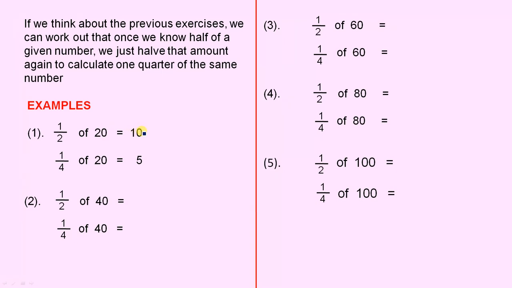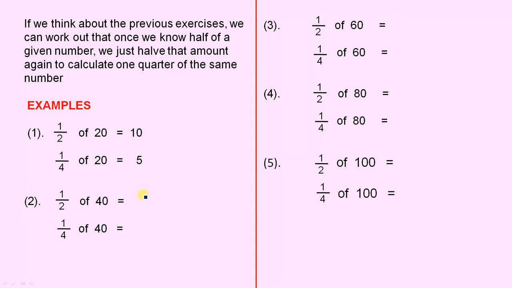We get 10. Therefore, 1/4 of 20, we just halve this amount. Half of 10 is 5. In other words, 1/4 of 20 equals 5. So to get 1/4 of a certain amount, firstly you find half of the amount, and then you halve that again.